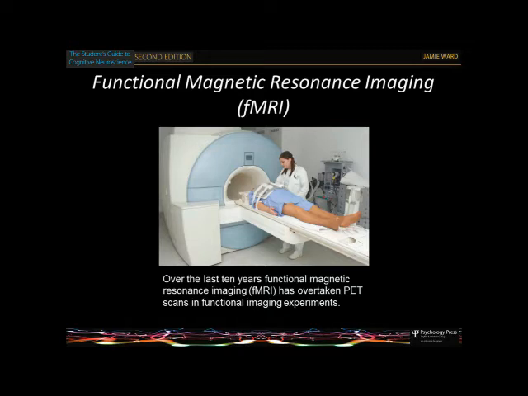So the way that this works is that you put your head in a giant magnetic field, in effect. So if you're not using radioactivity, what is the thing that you're actually measuring? The thing that you're measuring has to do with the amount of oxyhemoglobin versus deoxyhemoglobin. So remember, as your neurons consume oxygen, you're converting oxy to deoxyhemoglobin.